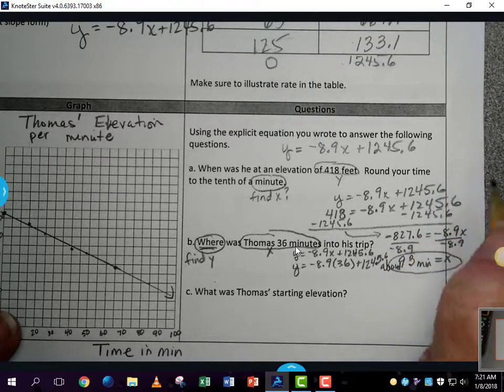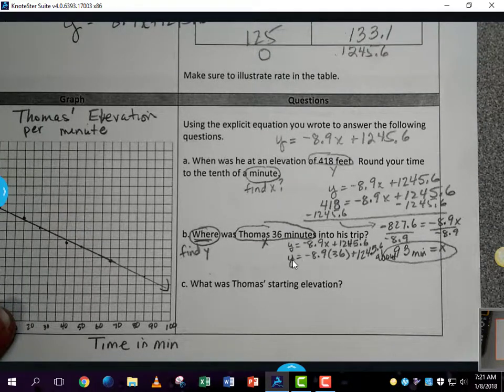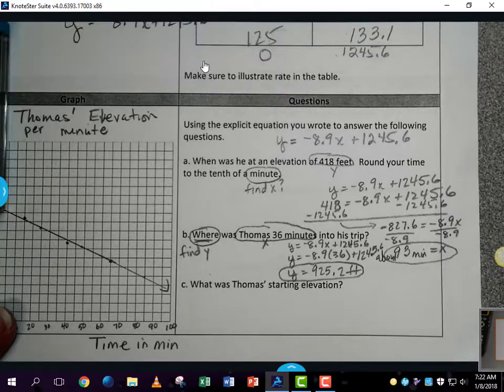I'm out of space. Sorry guys, I know that's so squishy. y equals negative 8.9 times 36 plus my y-intercept, which was 1,245.6. I'm going to do that calculation. When I finish that calculation, I end up with y equals 925.2, and don't forget, this is a scenario and now we need units. So 925.2 feet.